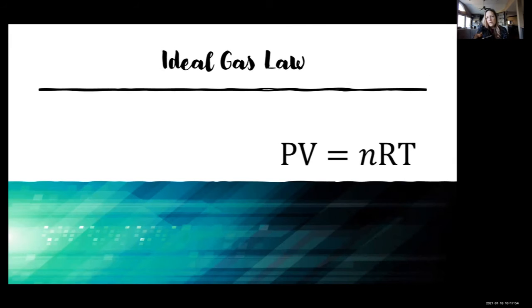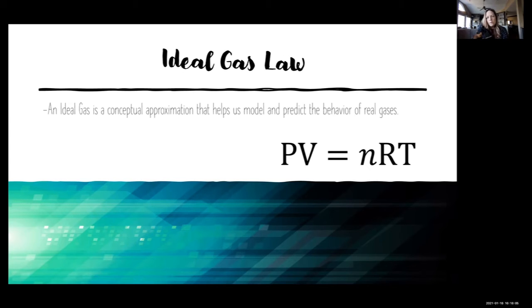So, ideal gas law. This is one I've said before, there are certain things it's helpful to just memorize because you're going to see it again in life, and it's something that a lot of people just kind of know. This is one of them. PV equals nRT. Ideal gas is a conceptual approximation that helps us model and predict the behavior of a real gas.